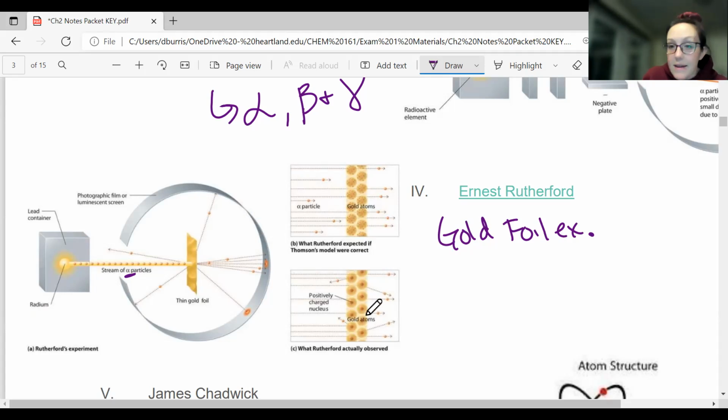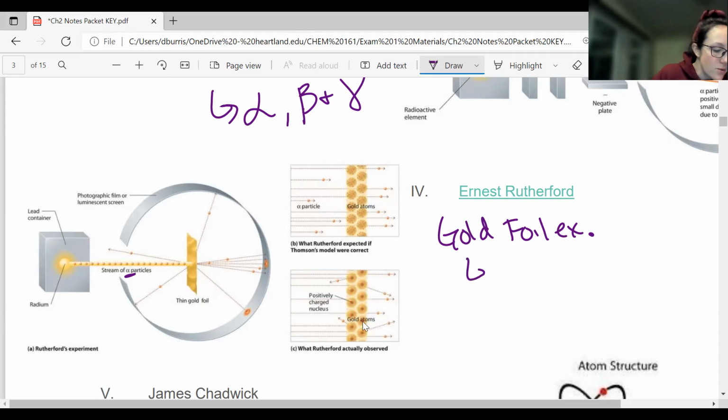What that meant is that, since some went through and some were deflected, there must have been some dense center, the nucleus, that actually deflected those alpha particles, because alpha particles are pretty big. And some went through, meaning that there had to have been empty space in those atoms as well.